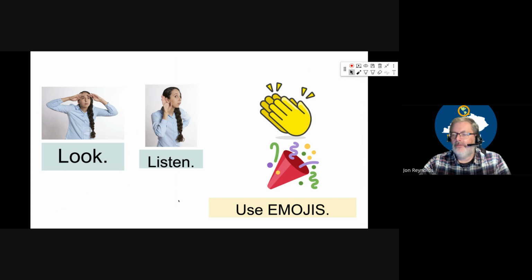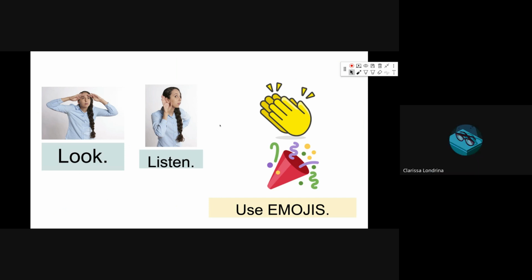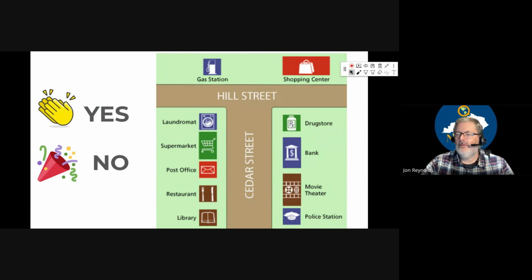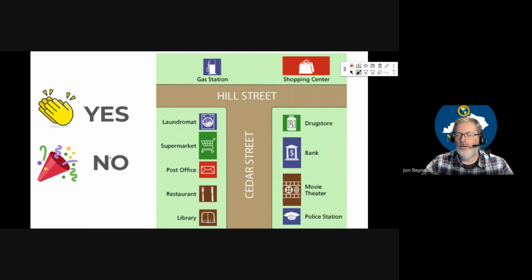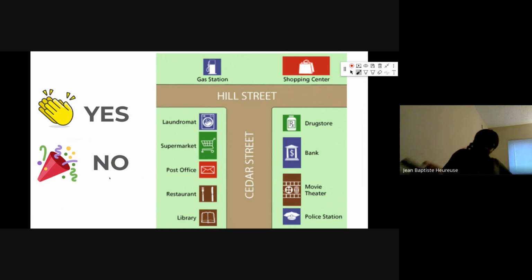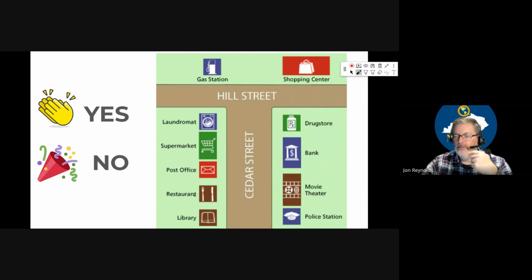Now here is our next activity. In this activity, you look, you listen, and you use the emoji. You just choose if the answer is yes or no. Here's an example. The post office is on Cedar Street.